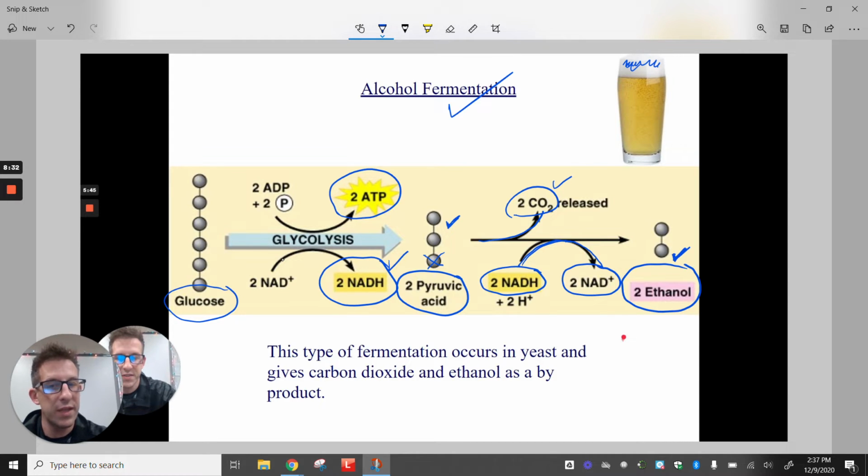And what we really need to make sure we pay attention to here is that we get this NAD+ regenerated, okay? And I think this diagram would have benefited from another arrow. That NAD+ can be regenerated to be reused in glycolysis, and then the whole entire thing can start over again. So this is an effective way for little teeny tiny yeast cells to utilize their glucose and make energy.